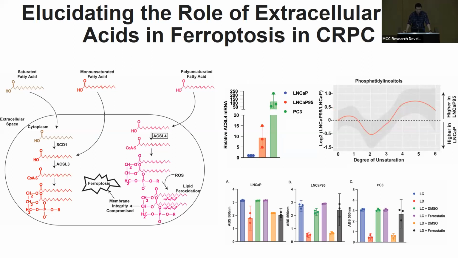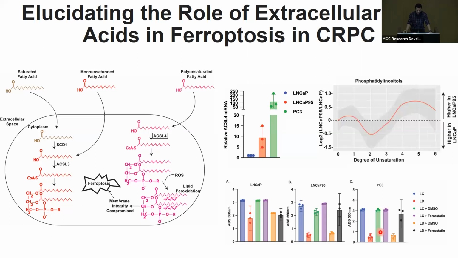We also evaluated the need for these extracellular fatty acids and their role in possibly inducing ferroptosis. We cultured all three models, the castration-sensitive model LNCaP and the castration-resistant models LNCaP95 and PC3, in lipid-free medium, which is here in red, and we saw a reduction in growth in all of them. However, when we added Ferrostatin-1, which is an antioxidant and a ferroptosis inhibitor, I saw a growth rescue in LNCaP95 and PC3, the two CRPC models.